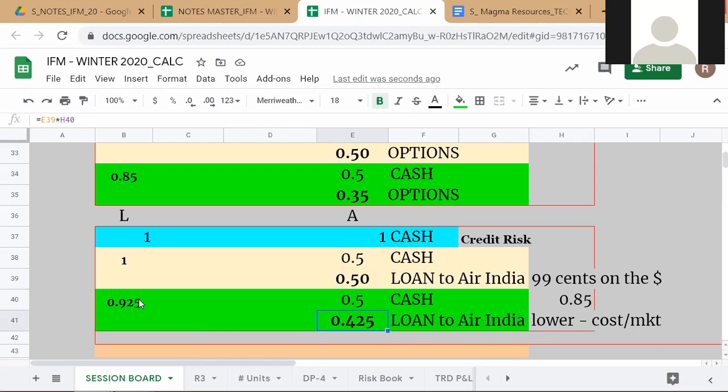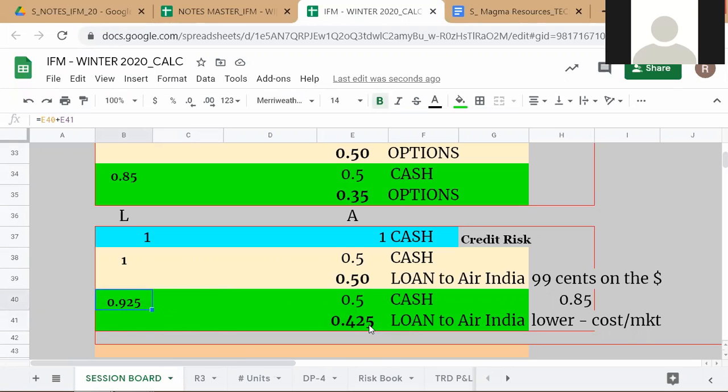Now in this case, this plus this, the sum of all assets, it was 1, so it is now 0.95. Your owner's equity goes down, and the value of the loan has also been marked down.